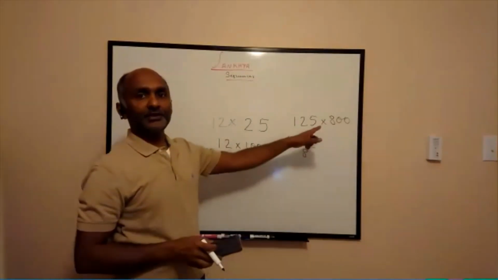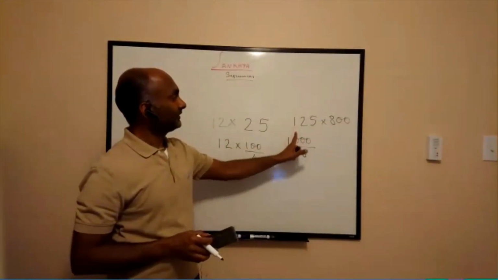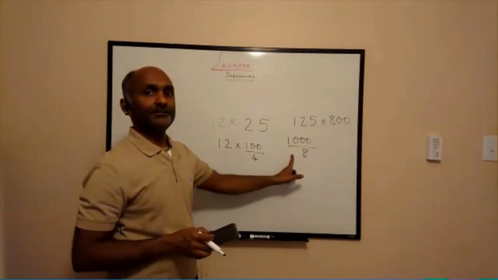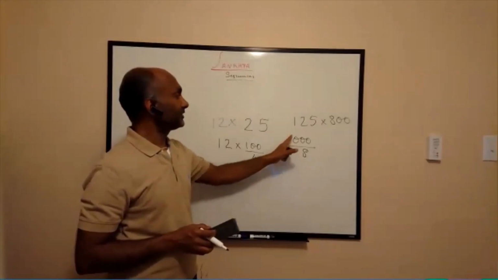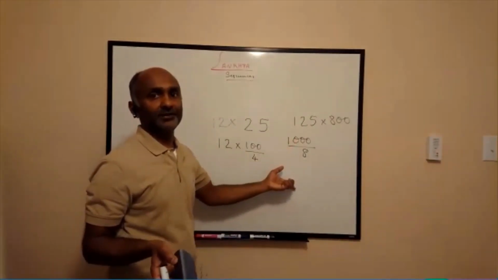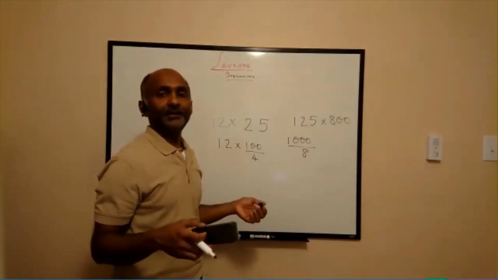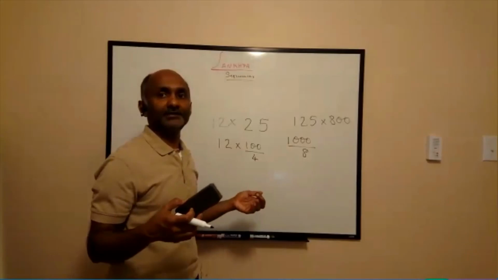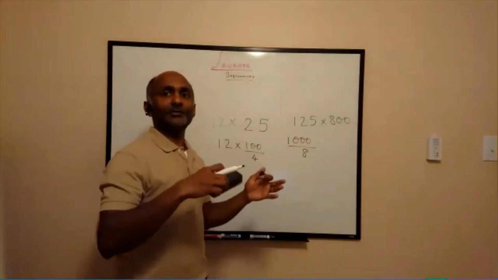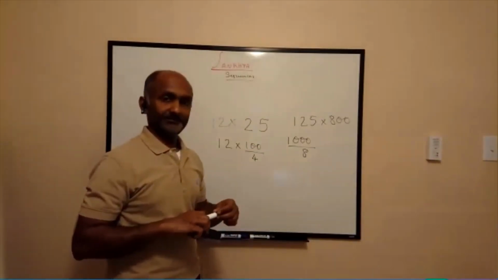You can still do it, but now you know that 125 is 1000 by 8, it became a much simpler problem. So how did I know that 125 is 1000 by 8? It's just practice. There is no easy way. That is why we suggest you keep practicing. The more things you try, the newer things will go into your memory, and the next time you will just use it as is. Okay?